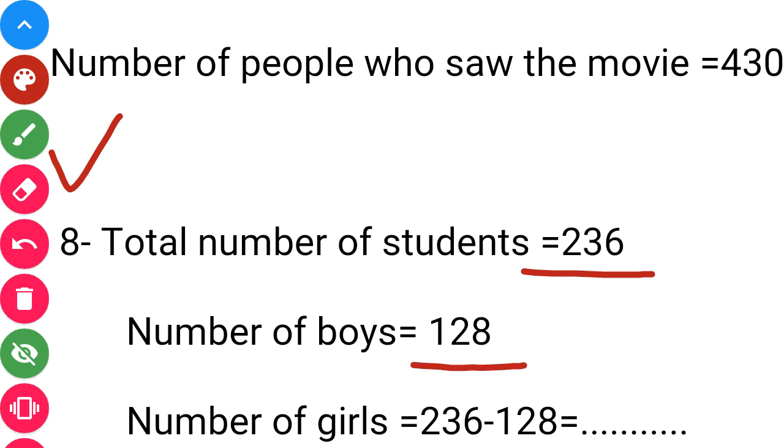Number of boys equal to 128. Now number of girls equal to 236 minus 128. Okay, let us subtract 128 from 236.